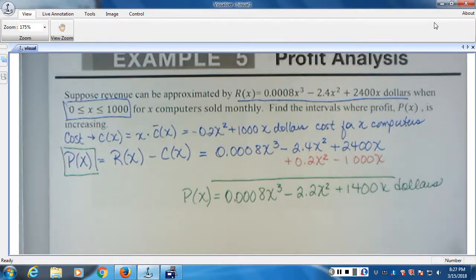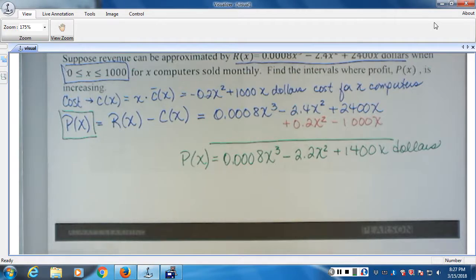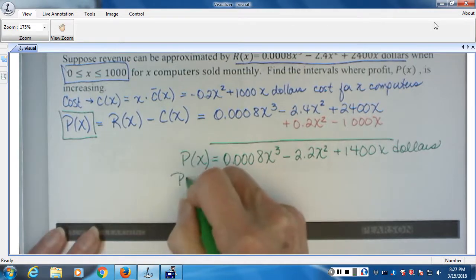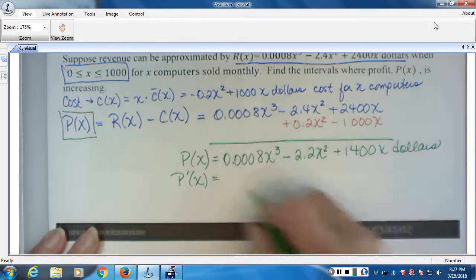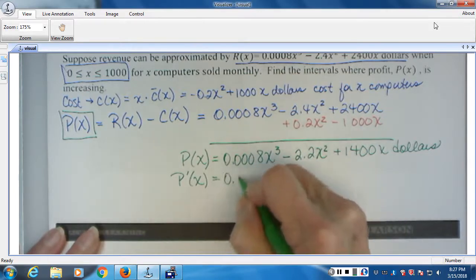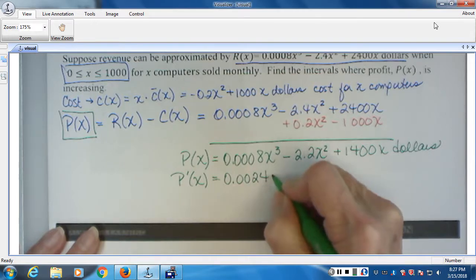Well, that means we need to find the critical values for this function. So that means we need to take P prime of x and 3 times 0.0008 is 0.0024. Now, y'all with calculators, check me on this, okay?